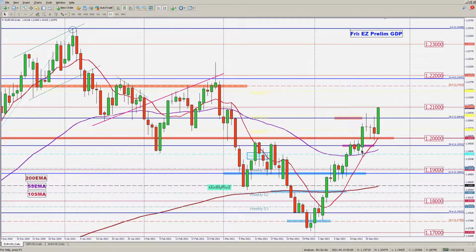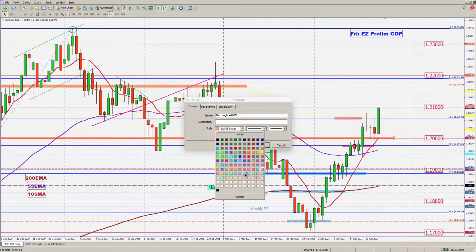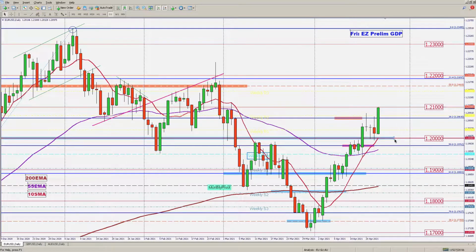It started off on Monday with a breakthrough of the 120 level, continued to spike through the 38 fib retracement, but then pulled back, closed as a doji, and pulled back further to retest the 120.00, which will now become support, and then bounced back up again to close as another doji, all waiting for Thursday's ECB decisions and press conference.